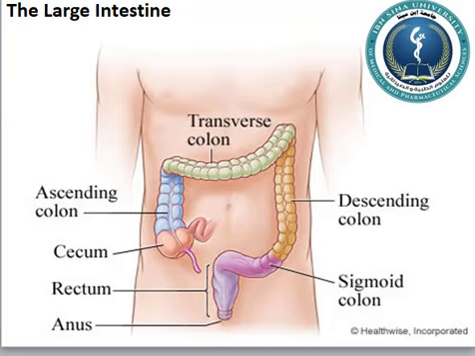Also, there is a special modification of the large intestine to do its function, which is absorption of a small amount of water, vitamins, and other ions. The large intestine has no projections like in the small intestine.